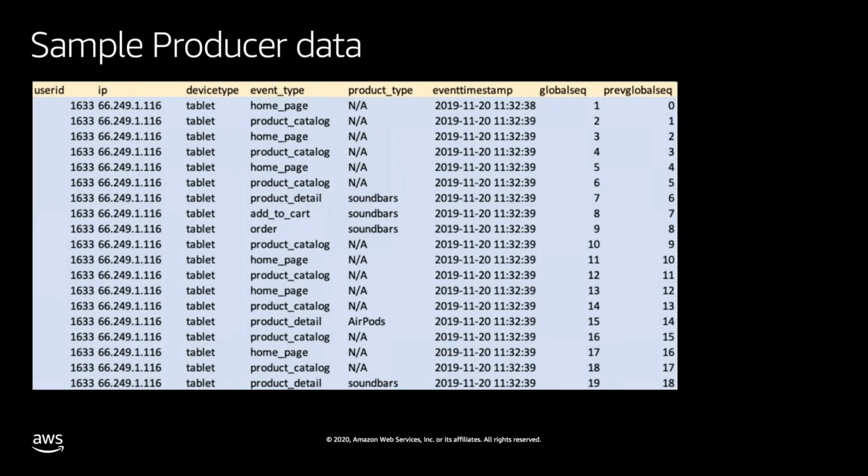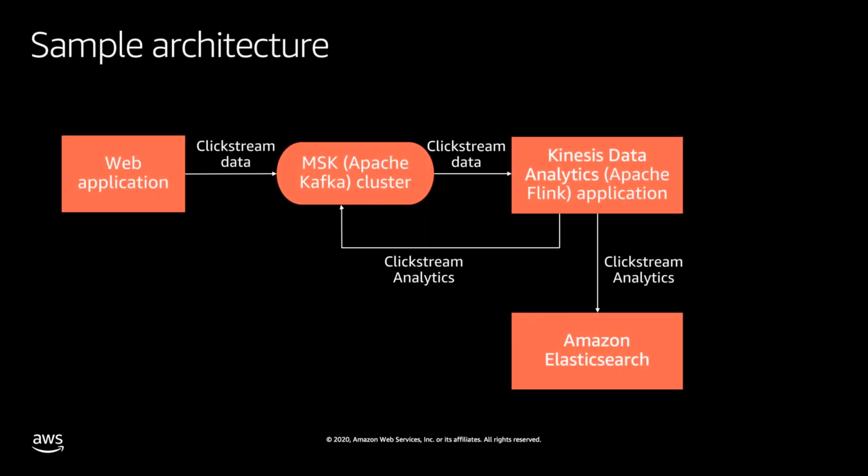Here is an example of the events generated by the clickstream producer for a single user. So conceptually, the producer is simulating the click events happening in a web application. These events are being sent to a topic in the Amazon Managed Streaming for Kafka cluster.